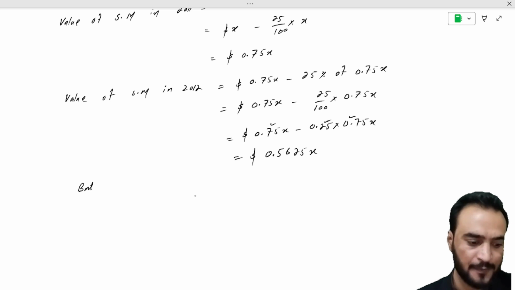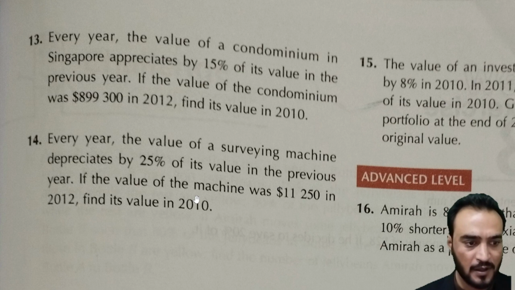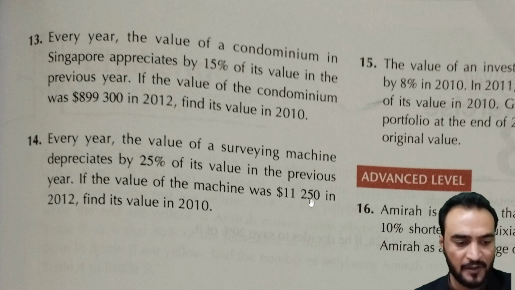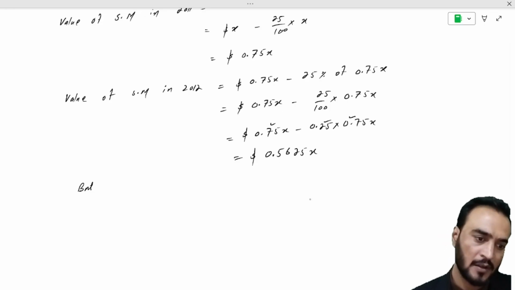But you can see the value of the surveying machine in 2012 is given, which is $11,250.